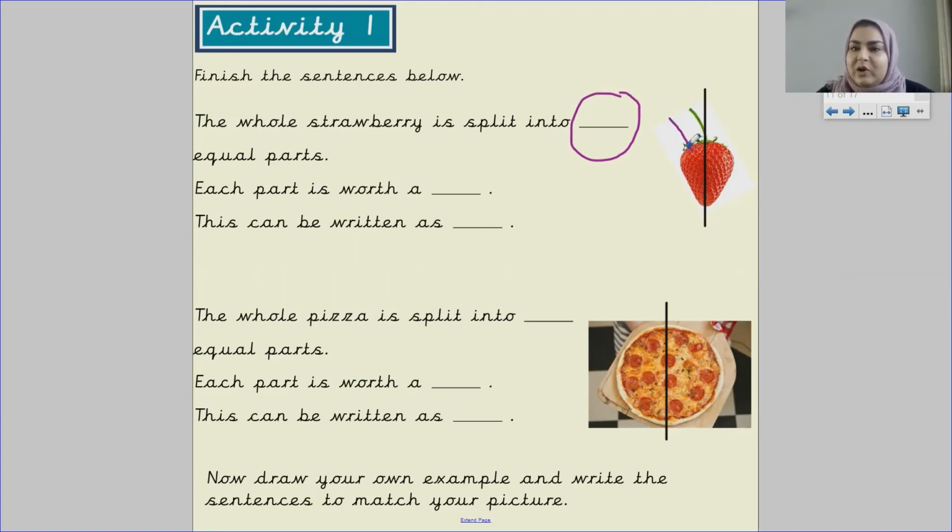It's split into part 1 and part 2. Then you complete the rest. Each part is worth how much, and this can be written as how. Remember, it's a half. Then your extension is to draw your own example and write the sentences to match your picture. So you could possibly draw an apple and half it, okay?